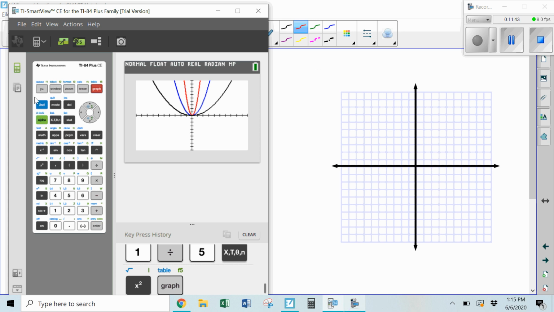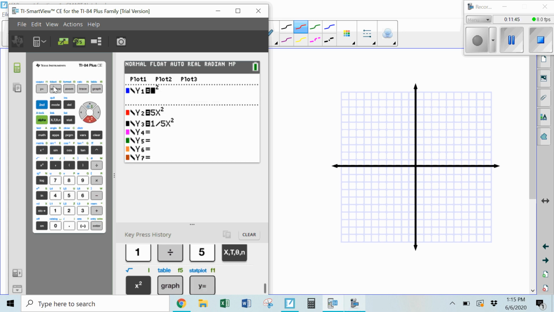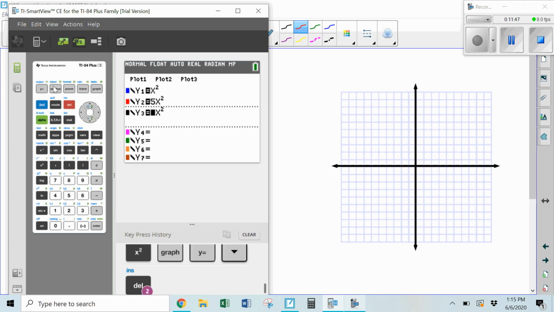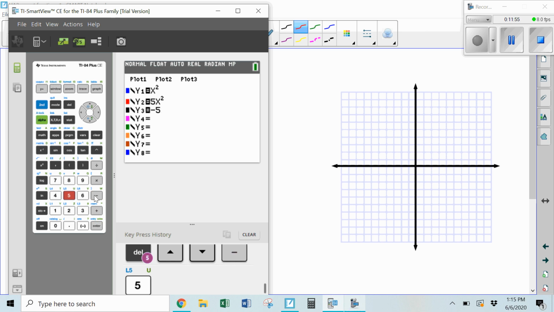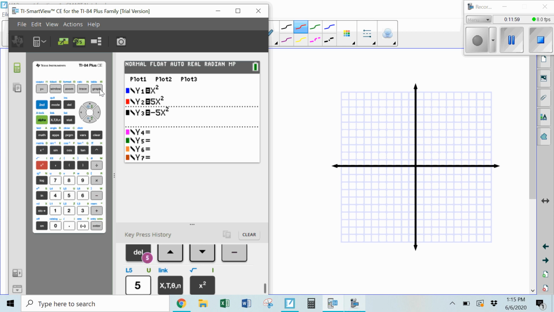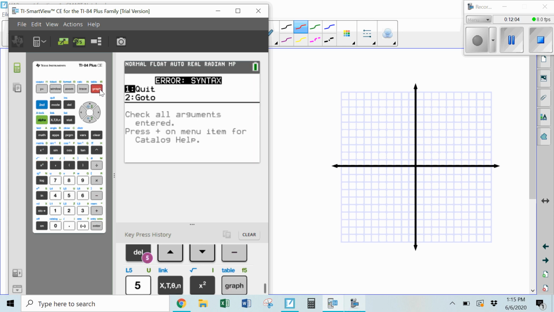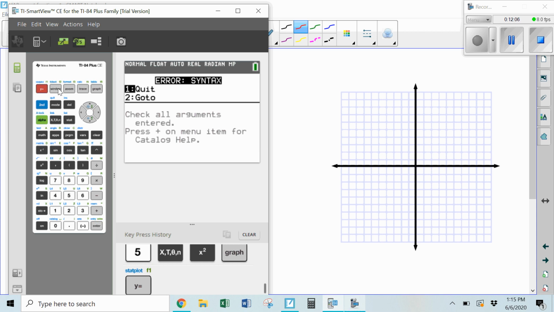Okay. So the last thing that may happen is, let's clear out y3. And let's go ahead and put -5x squared. Maybe you want to guess what you think is going to happen there. Oh, I know the problem.